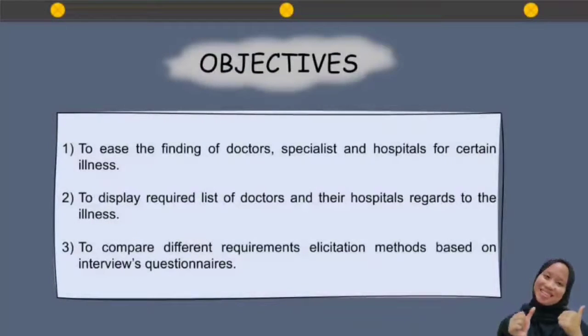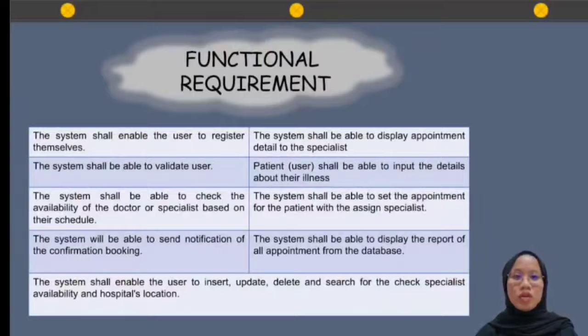For the functional requirements, firstly, the system shall enable the user to register themselves, as the system is not manual. The system that we have built is an automatic system that enables users to register by themselves.